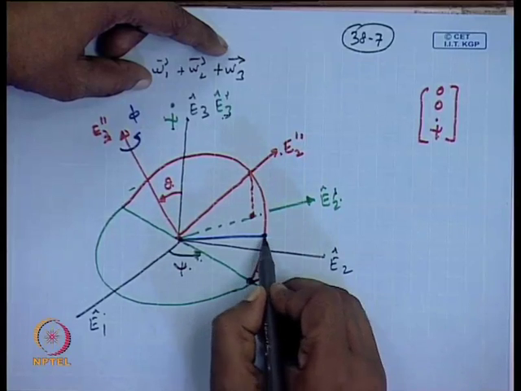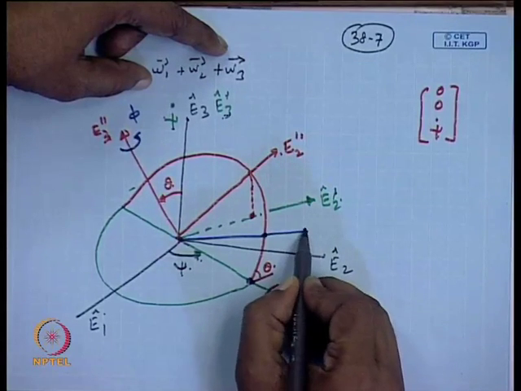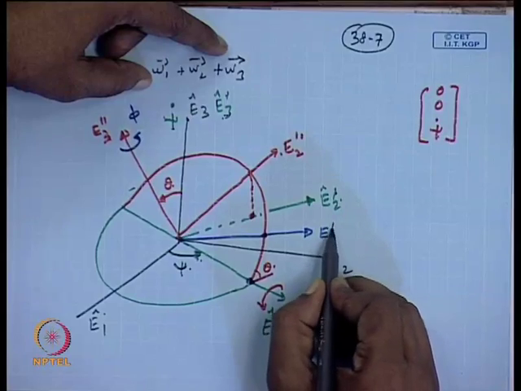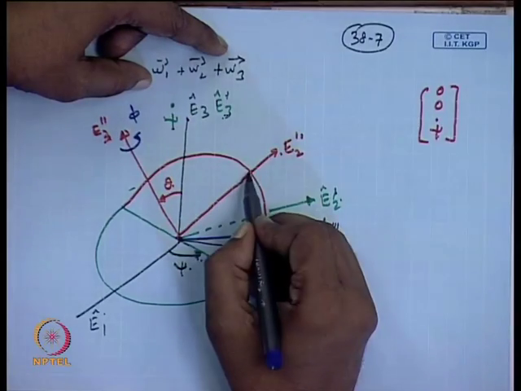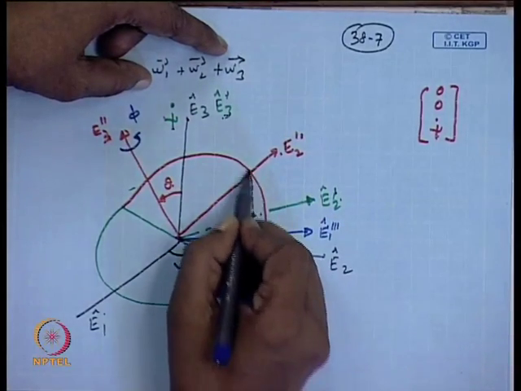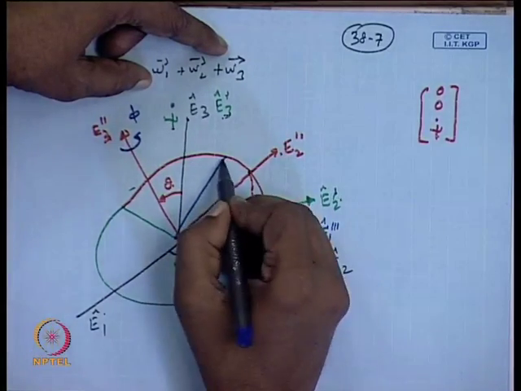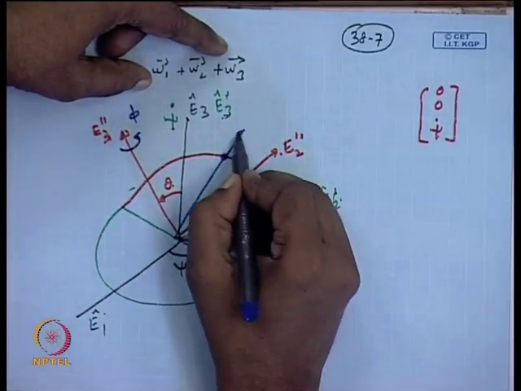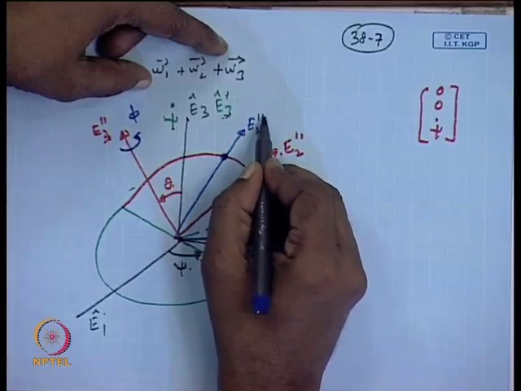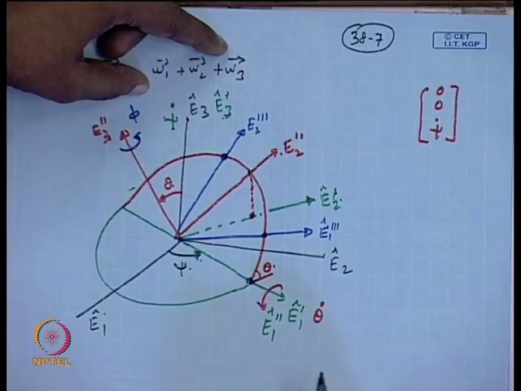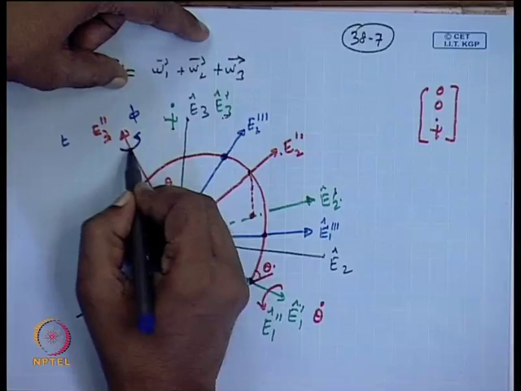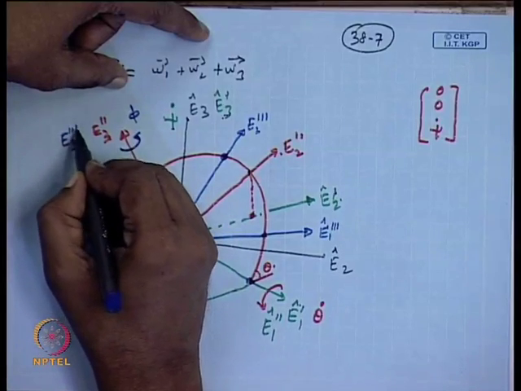So this point will move from here and come here in this place, and here we will write E 1 triple prime cap. Similarly, this will move in this plane shown by this red line and come somewhere in this place. This we show as E 2 triple prime, and the third rotation we have given about this axis, so this is E 3 triple prime.